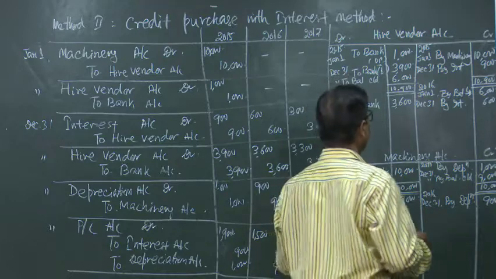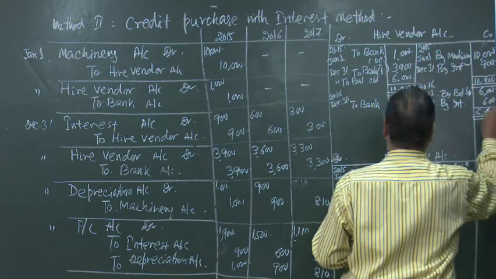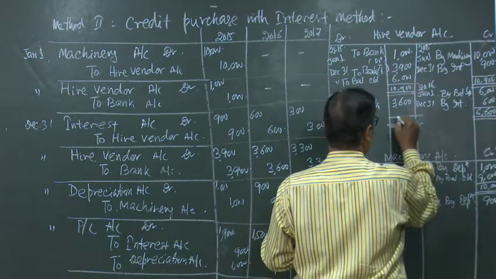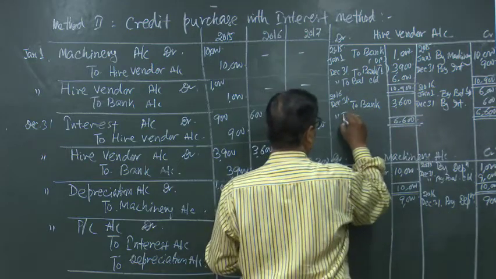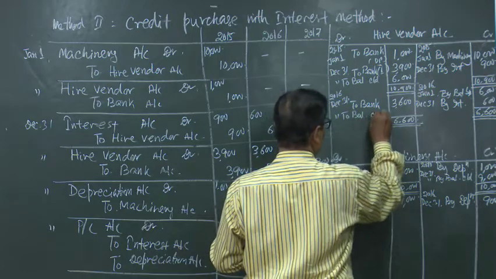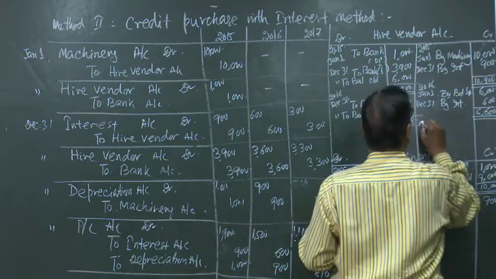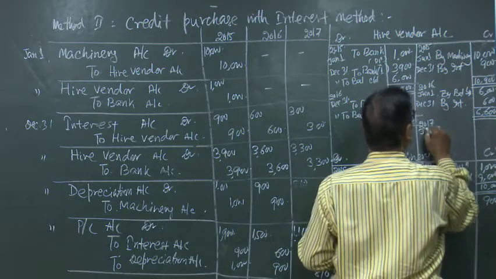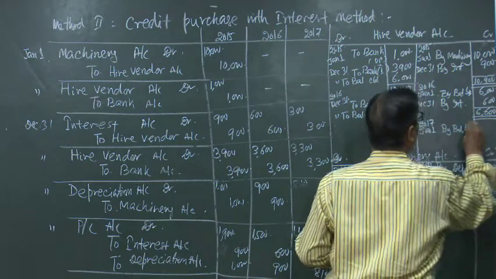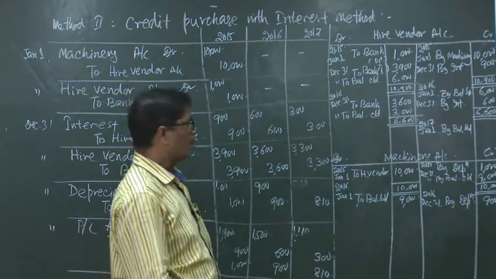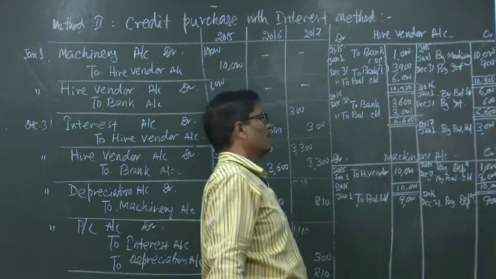This total is bigger, 6600. So, on December 31st, to balance carried down 3000, and here it is brought to 2017 January 1st by balance brought down 3000. So, this account is balanced.